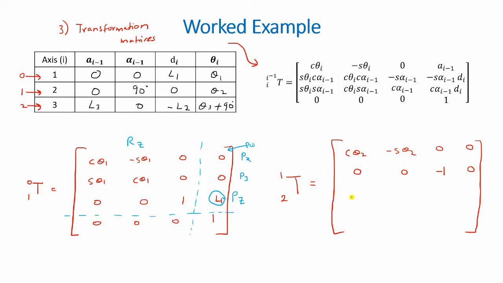Here sine theta I would be sine theta 2, while sine alpha I minus 1 would be 1. So sine theta 2, cos theta 2, cos 90 0, cos 90 0, and 0 0 0 1.